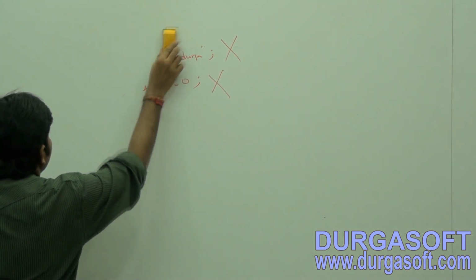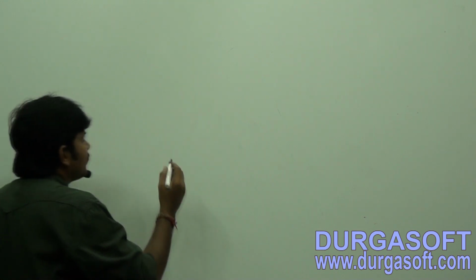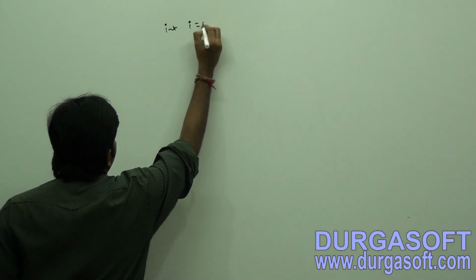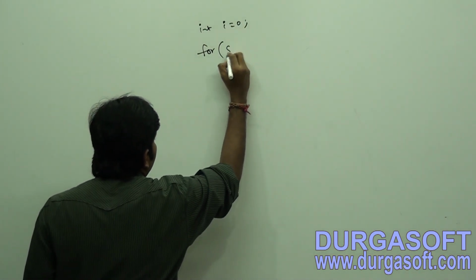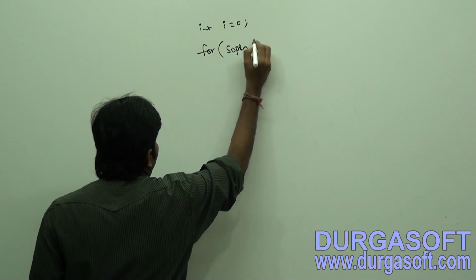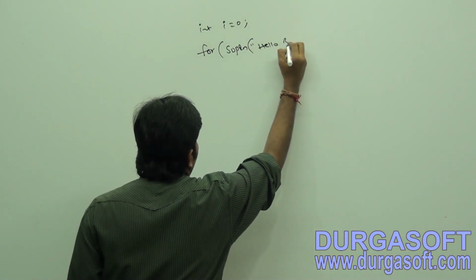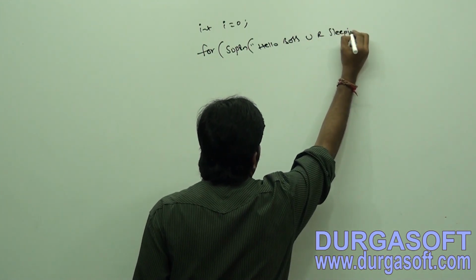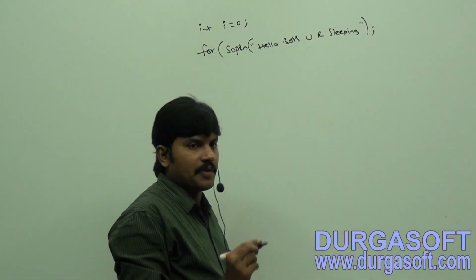Next, related to the initialization section, one more loophole is there. Let me explain, listen to this point well. Here I am taking int i = 0 in a for loop, with System.out.println of "Hello boss, you are sleeping".